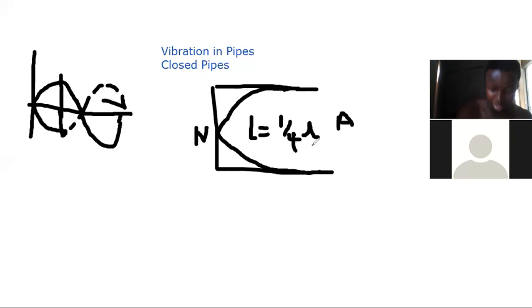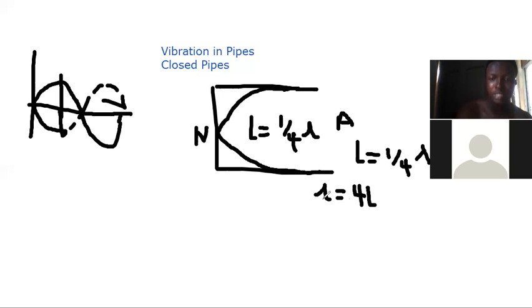Now, we know that the length is equal to 1 all over 4 of the wavelength. If you understand this, it's very simple. But if you want to make the wavelength the subject, you are going to get wavelength is equal to 4L.